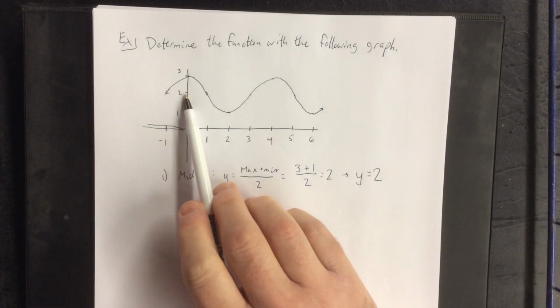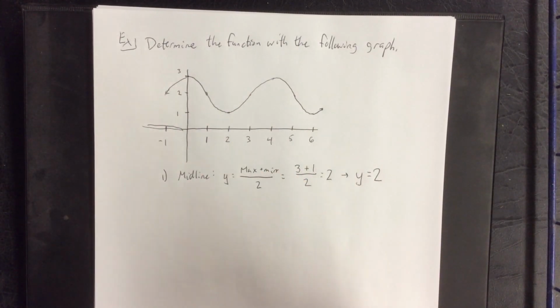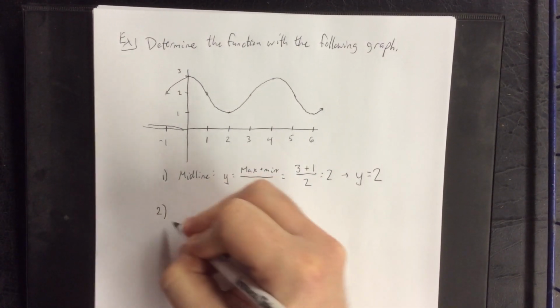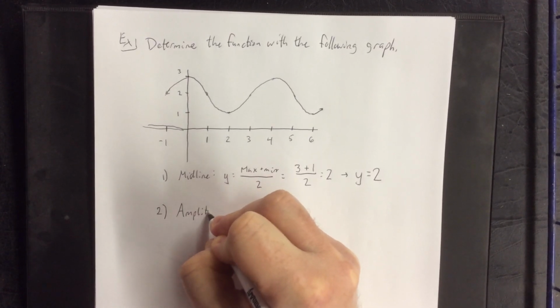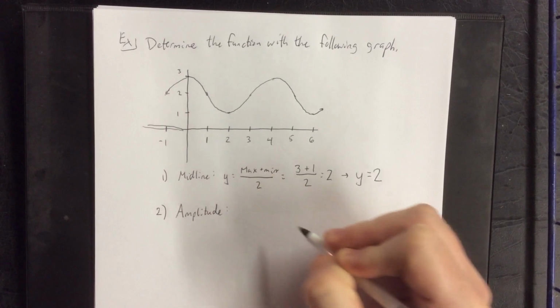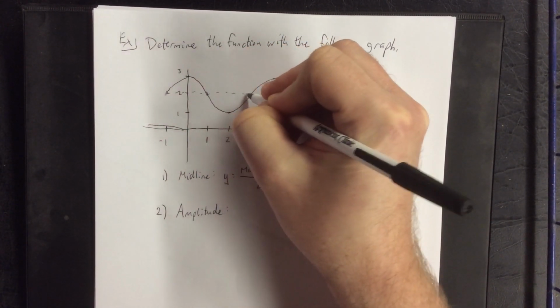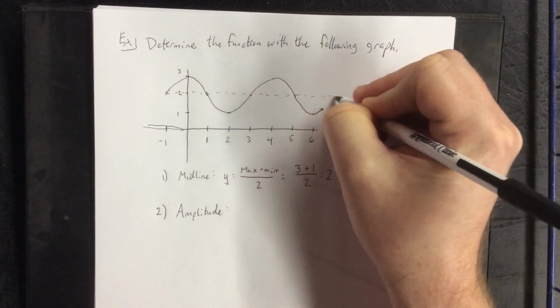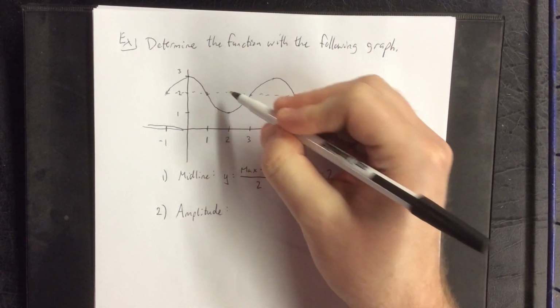You'll also notice that there are several points that are on the midline as well, halfway between the maxima and minima. Next up, the amplitude. The amplitude is going to be the distance from the midline, which I now feel comfortable drawing in here, y equals 2. Distance from the midline to a maximum, or the midline to a minimum.